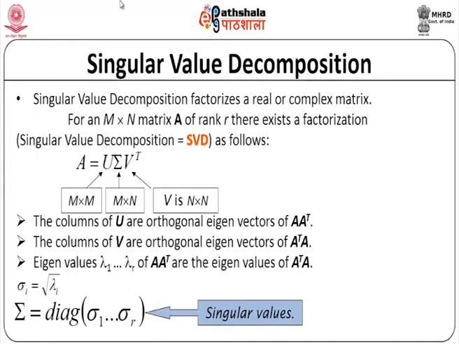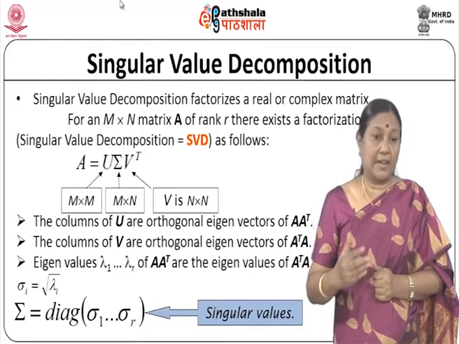So, singular value decomposition factorizes a real or a complex matrix. For an m by n matrix A of rank r, there exists a factorization, mathematically available, the singular value decomposition: A equals U, an m by m matrix, times Sigma, an m by n matrix, times V transpose, where V is an n by n matrix. The columns of U are orthogonal eigenvectors of A A transpose.